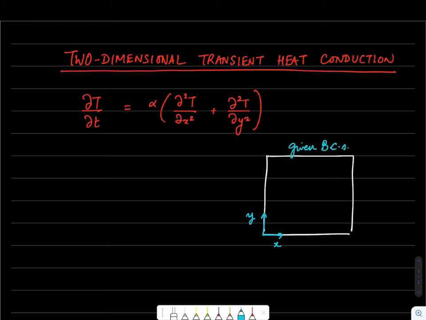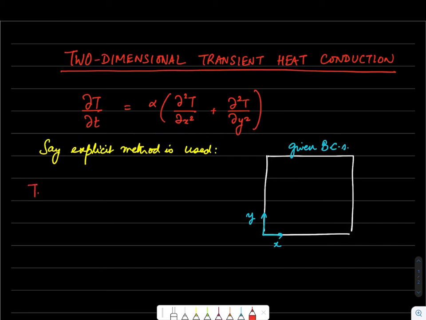Now caution must be exercised when we are attempting to solve this equation using previously developed finite difference methods. So to show you what I mean by this caution, let's say we use the explicit method. Now if we use the explicit method, we can difference this governing equation in the following manner.